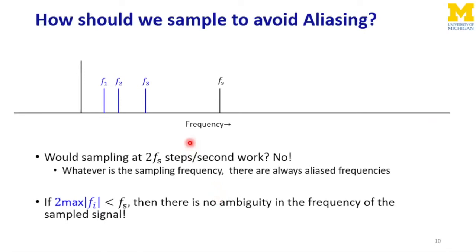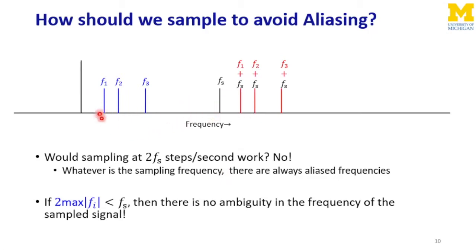So how should we sample to avoid aliasing? Let's suppose you had three frequencies, f1, f2, and f3, in your continuous time signal. And you sample this continuous time signal at frequency f sub s steps per second. As we saw previously, looking at the samples, you couldn't say if the frequency of the continuous time signal is f1 or f1 plus fs.